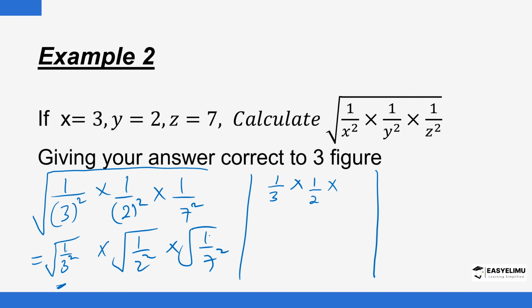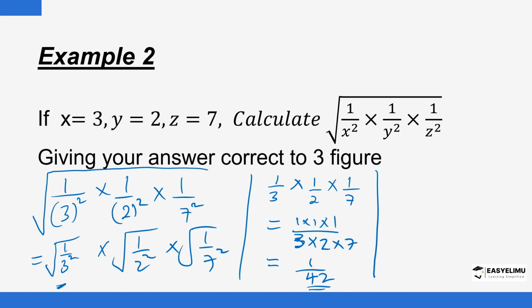This one again, the square root of 1 is 1. The square root of 7 power 2 is 7 power 1, which is just 7. So you multiply the numerators and denominators. That is 1 by 1 by 1, and 3 by 2 by 7. So that is going to be 1 over 42.